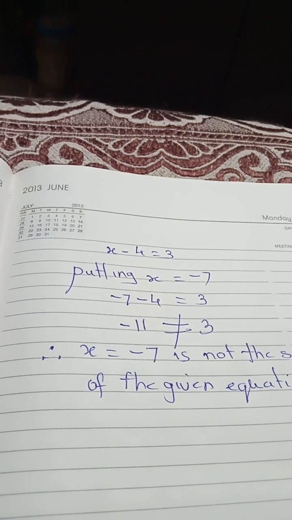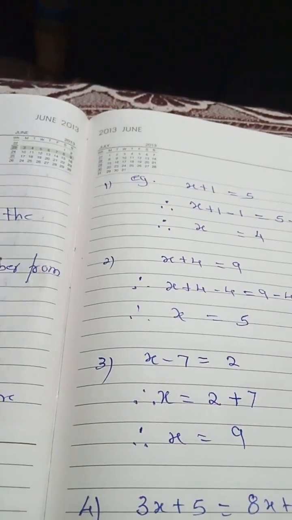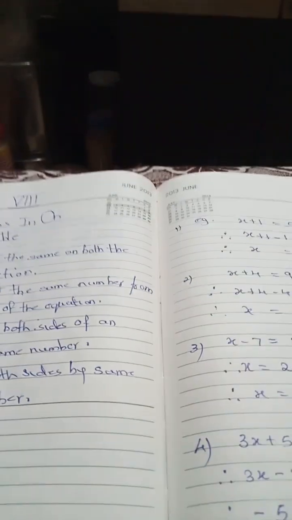So when you solve your sums in maths, focus your mind on the example, on the topic you are studying today. You understood? I explained everything. So this is the way you have to do it.